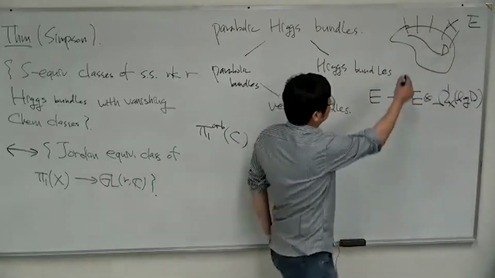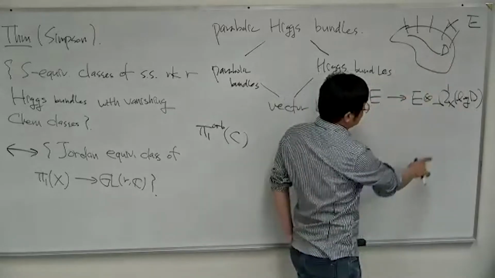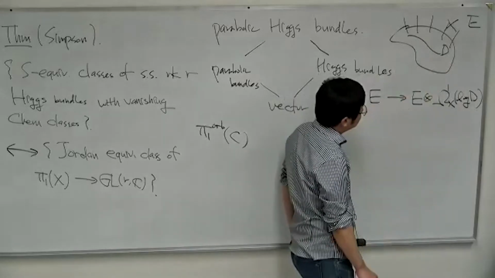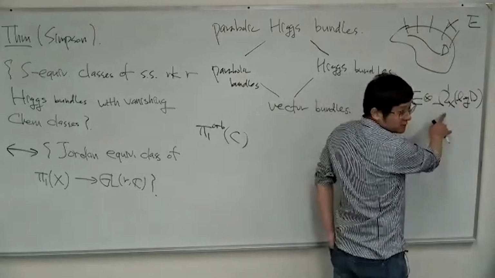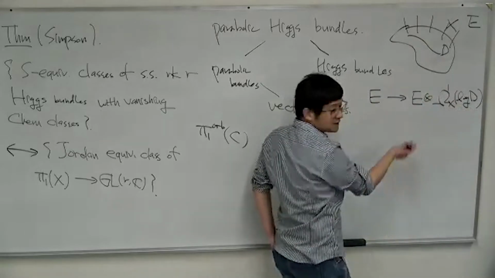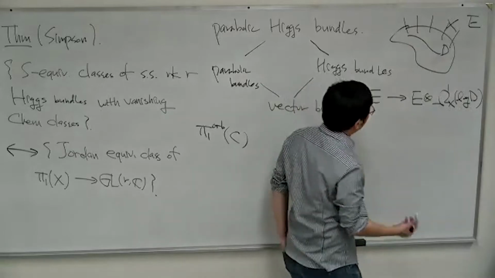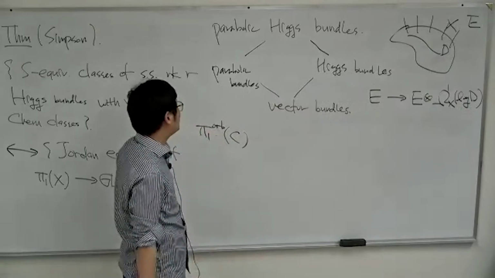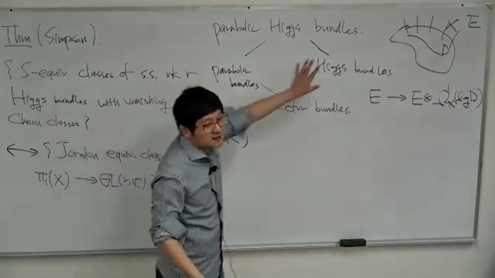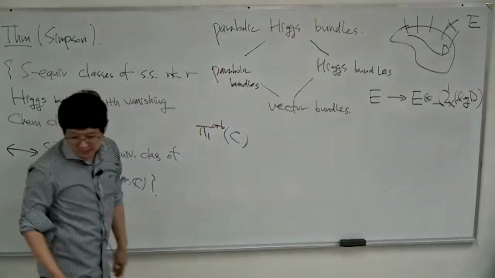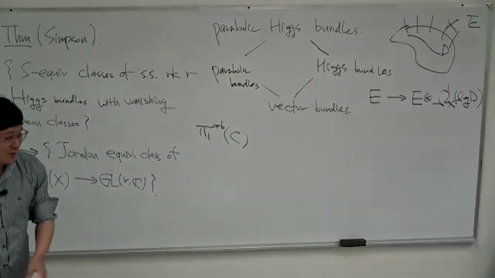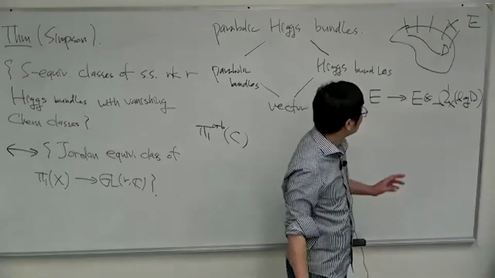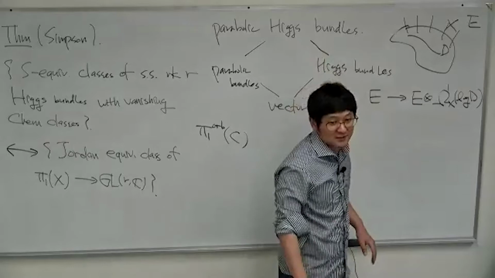I consider the one-forms with log poles at D, and then I consider the Higgs field in this case. Then I can generalize the notion of parabolic bundle and Higgs bundle at the same time. I think the question was basically asking for the definition of a parabolic Higgs bundle, right?